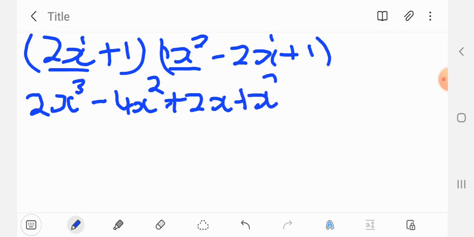Then we'll have this 1 times a negative 2x, and that will give us a negative 2x.